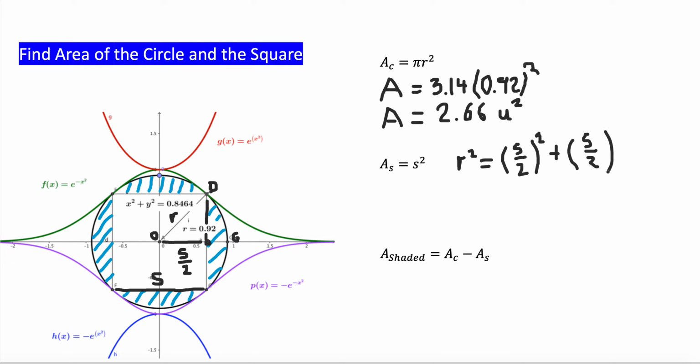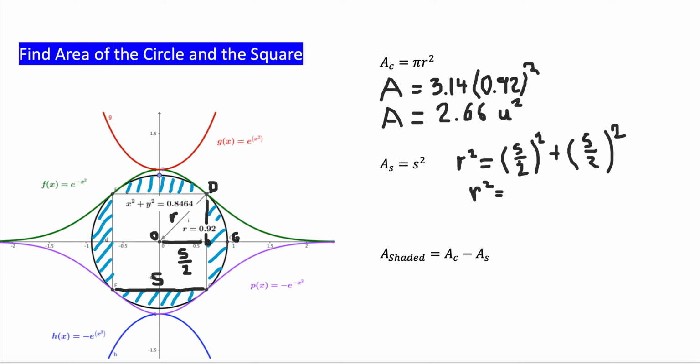Now let me take one shortcut. Distributing the square inside the parentheses, it's going to be s squared over 4. The same thing for the other s over 2, s squared over 4. And s squared over 4 plus s squared over 4 is 2s squared over 4.